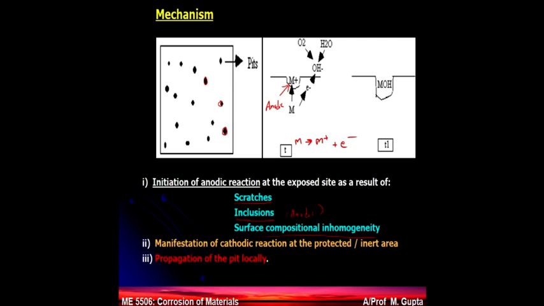So the damage is only in this area, but the remaining area is okay. In the atmosphere, in normal conditions, you have oxygen and water. So it will undergo the cathodic reaction, which is oxygen plus water plus electrons to give OH minus ions.